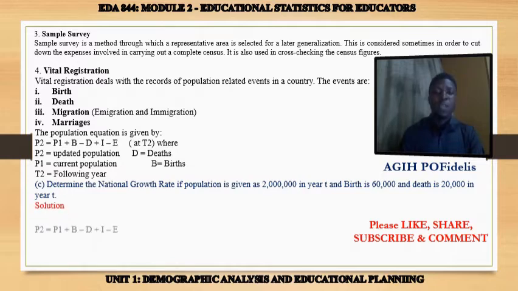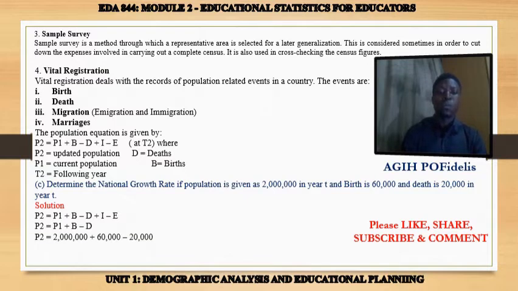So we have the population equation here, but recall that we do not have immigrants and emigrants in this question, so we may restructure our equation this way: updated population to be equal to the current population plus the number of births minus the number of deaths.